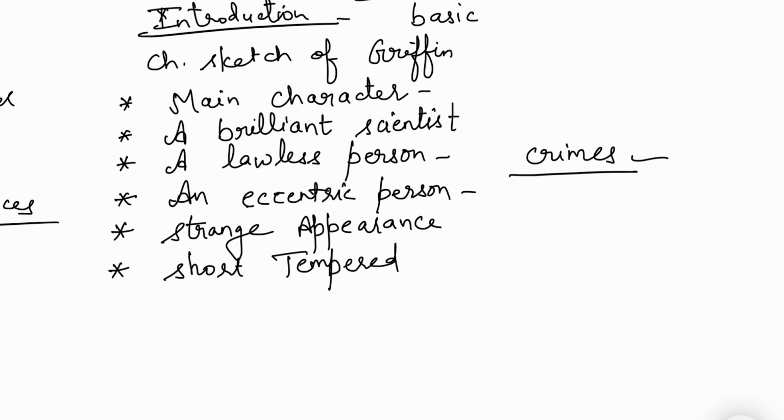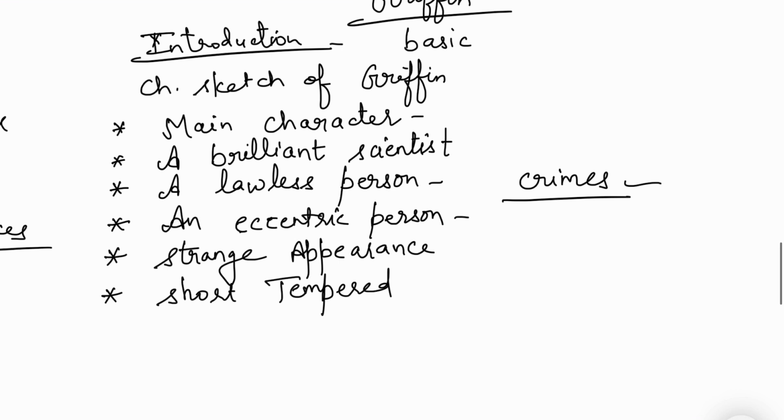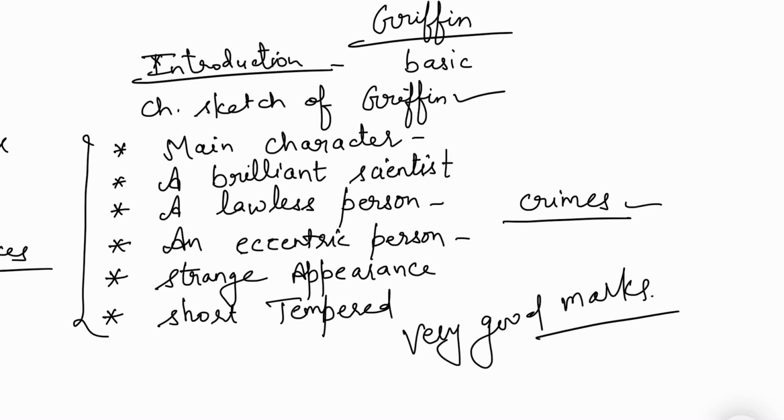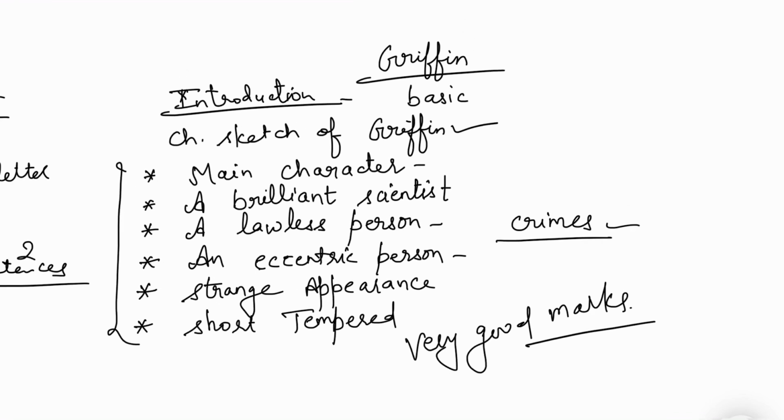So he was very short tempered. In this way we can create some other points as well. In this way we write the character sketch of any character. If you write like this, you will get very good marks in your paper. All the best.